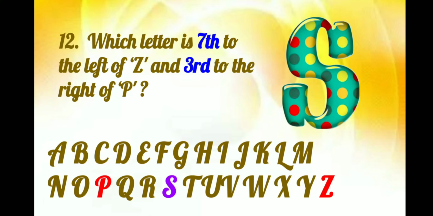See, when this type of question comes, we leave that alphabet. Like here it is written 7th to the left of Z, so we will leave Z and before that we are going to count. So the correct answer is S.